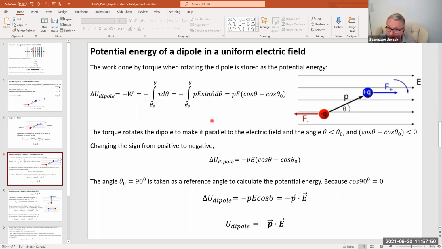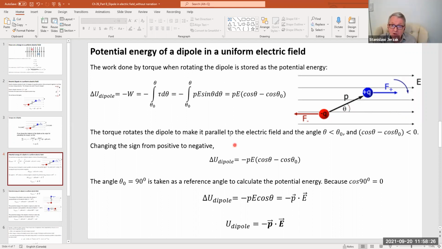It is slightly more complicated to talk about the energy of the dipole, but as you will see, the dipole in an electric field has electric potential energy, and that amount of energy depends on the angle theta between the dipole moment and the electric field. We will derive the appropriate expressions. Depending on the orientation of the dipole, the energy of the dipole will change.